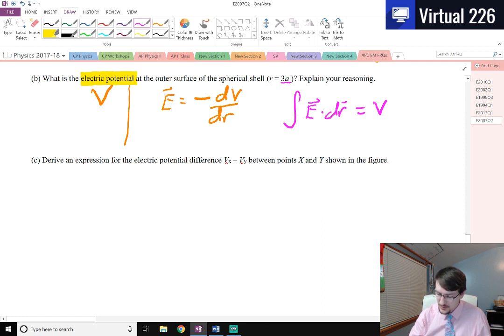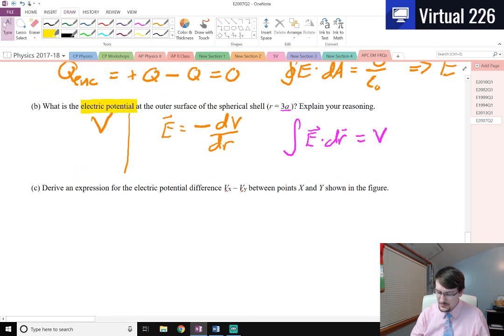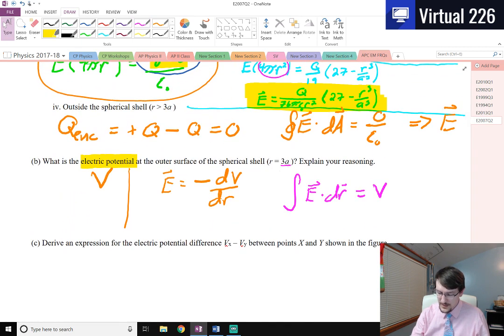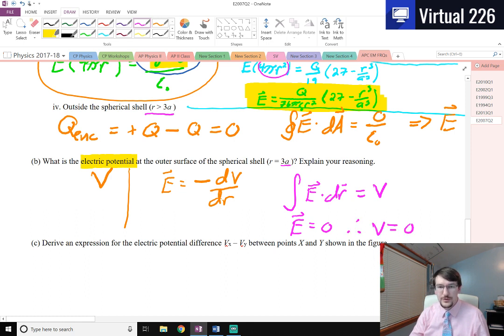So the real question is, well, what's our electric field out there at that position? Well, out there and beyond that, the electric field's 0, because the charges on the inside and outside have canceled. So because the electric field is 0, the voltage has to equal 0 here. And that's it. 0 volts.